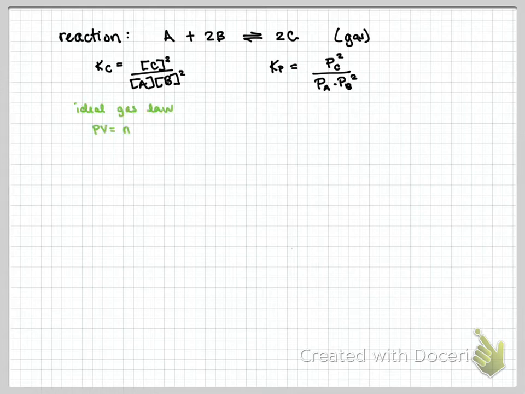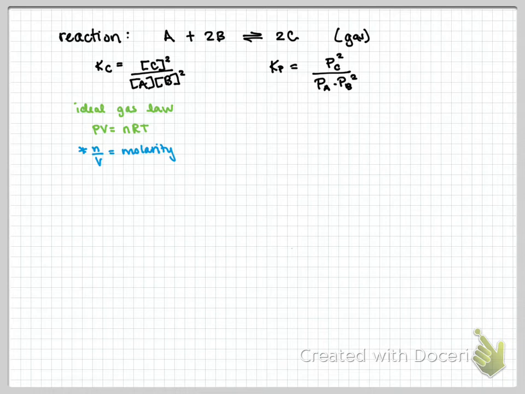So recall the ideal gas law is pressure times volume equals number of moles times the gas constant times temperature. So PV equals nRT. Note that molarity is number of moles divided by number of liters, or n divided by V. It's moles divided by volume.